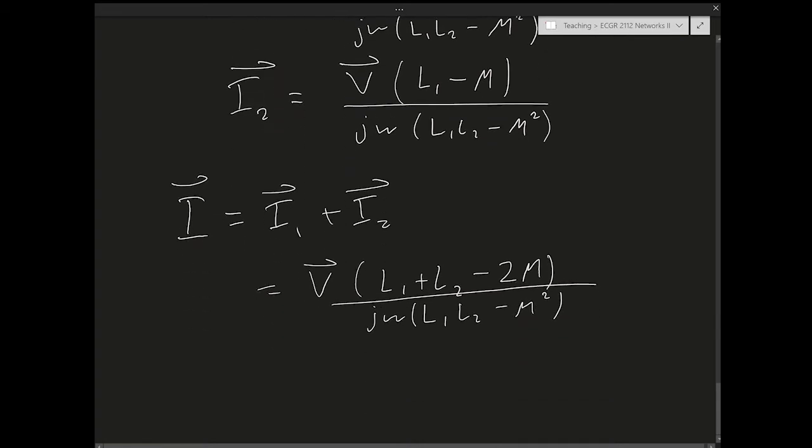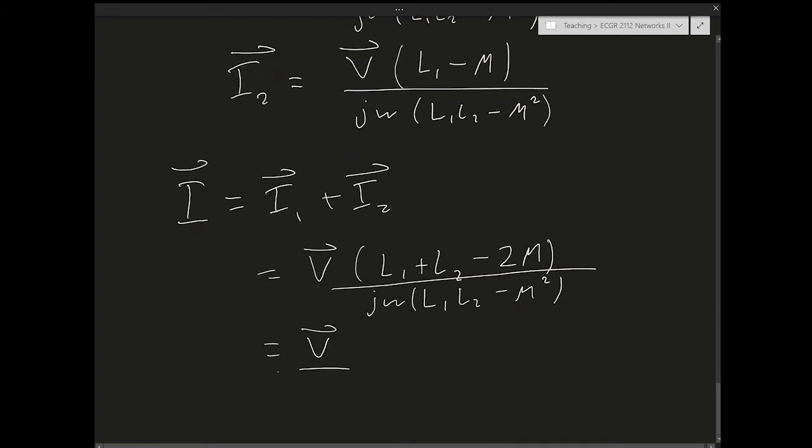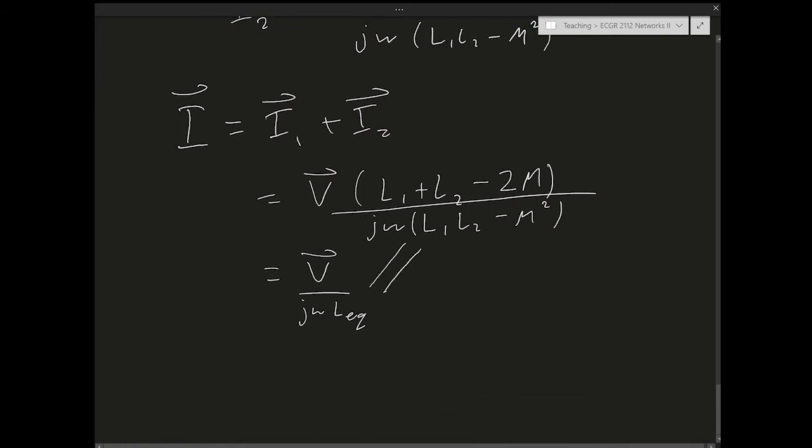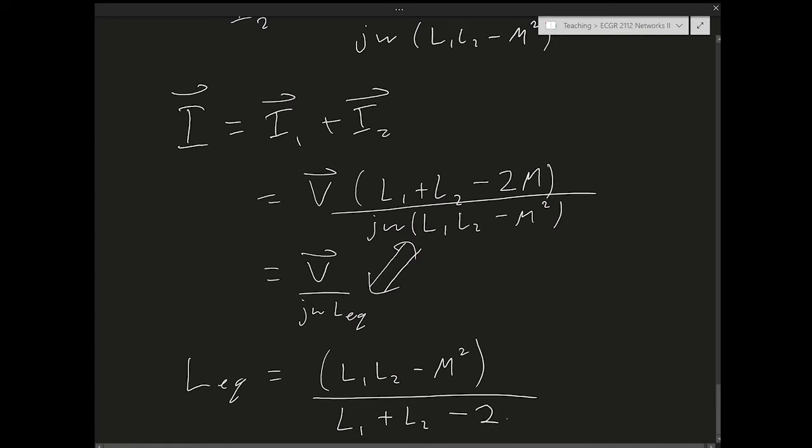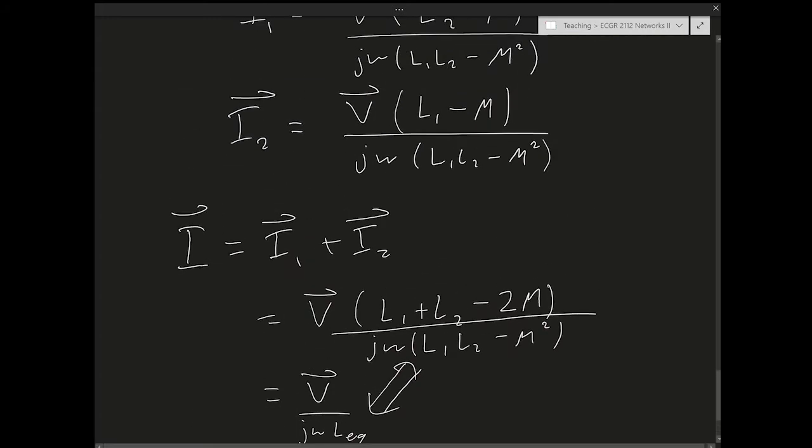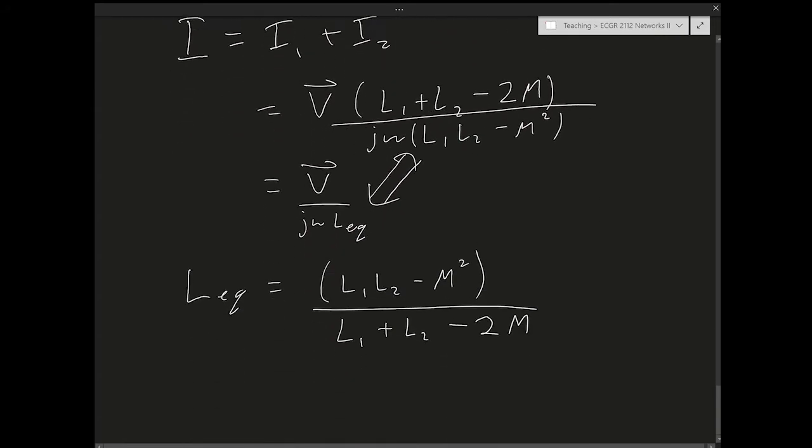This should equal V, and I should equal V over j omega L equivalent. I can compare those two expressions, and I clearly see that L equivalent is going to be L1 L2 minus M squared over L1 plus L2 minus 2M. So this is L equivalent.